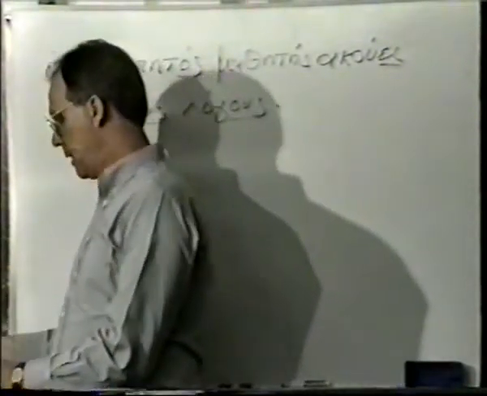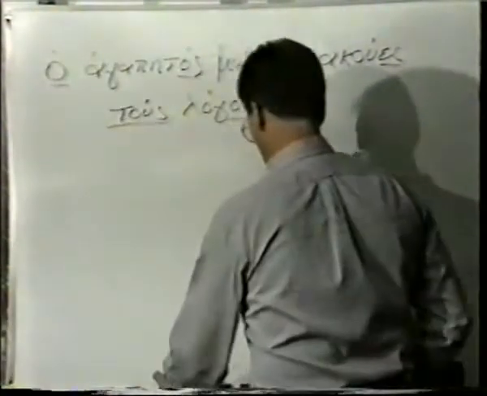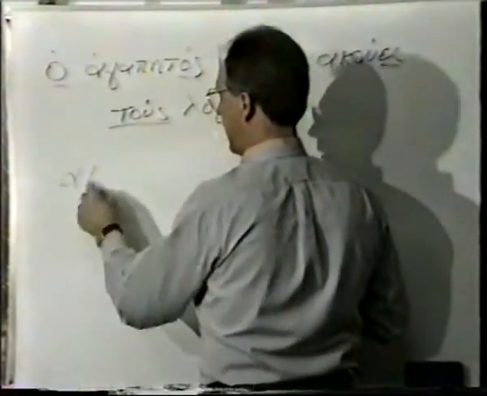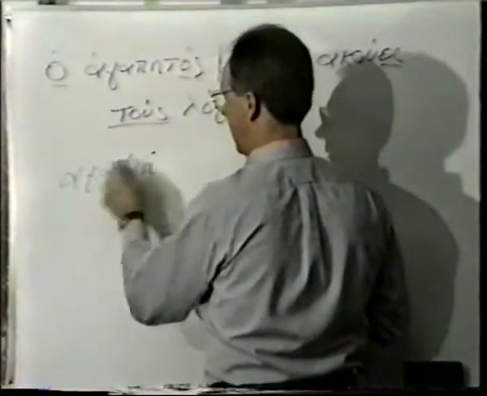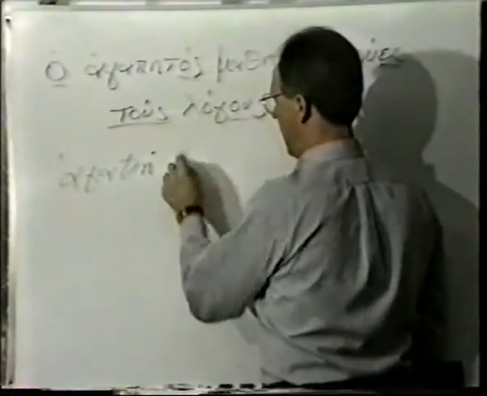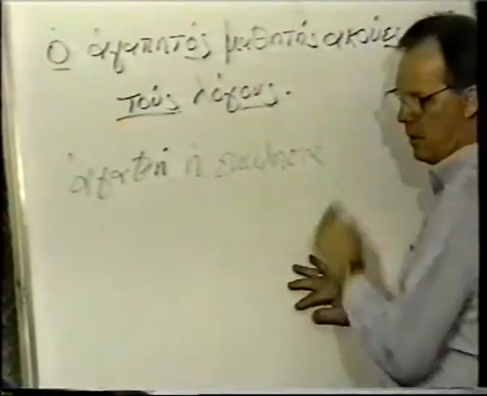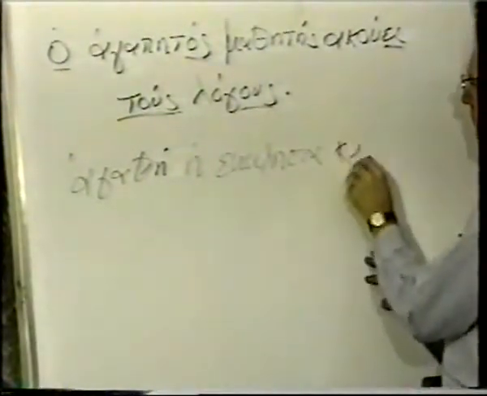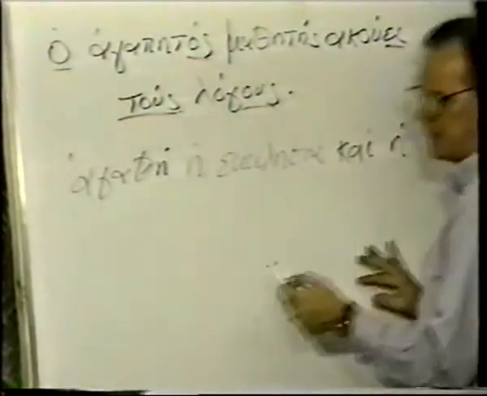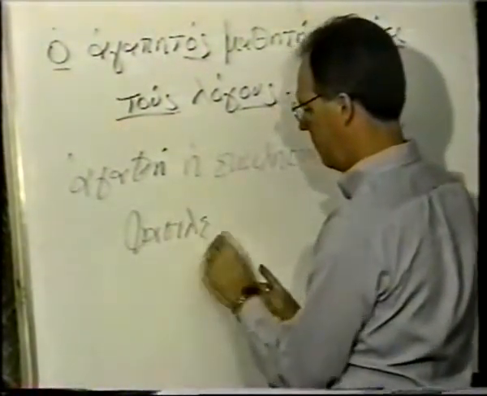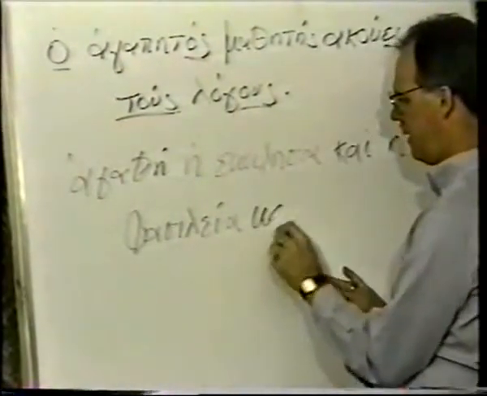Very quickly, let me give you one other sentence, if I may. Agathi i ecclesia ke i vasilia kaki.